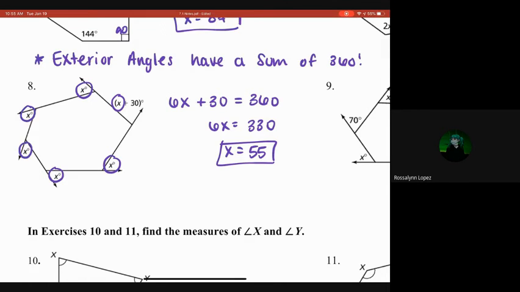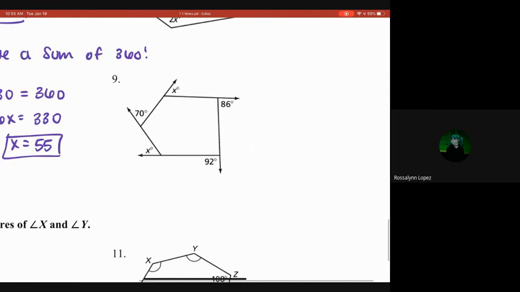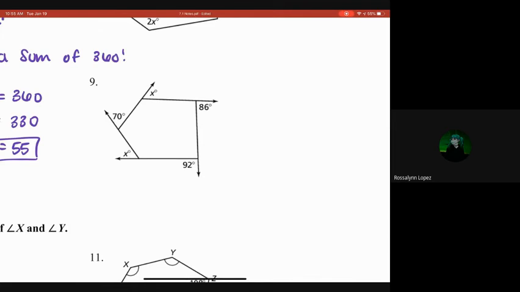All right, and then last one of these, number 9. Number 9 is the same thing, so we're just going to do what we did before, set it up, and then I trust that we can subtract and divide. So here, same idea, add everybody up, and since they're exterior angles, we're going to set it equal to what? 360. Thank you, Gannon. So x, and I don't care what order you write these in, okay? You want to pick a spot and then go around, go for it. You want to write all your x's first, go for it.